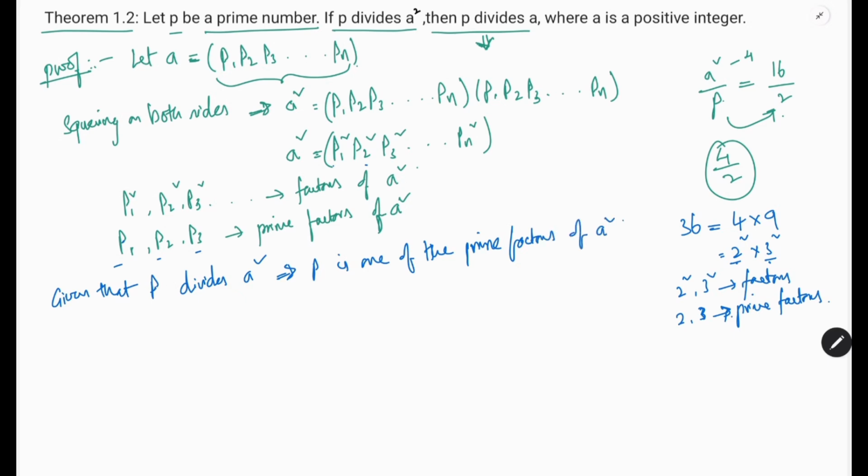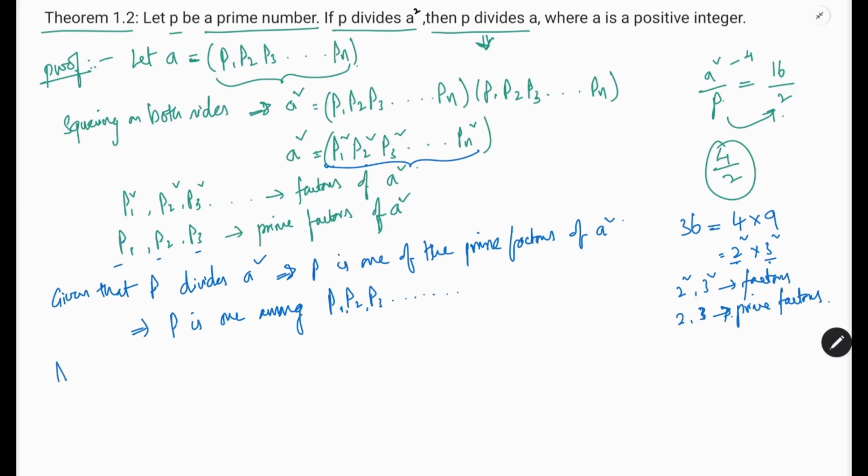See, these are the factors, and except these there are no other factors. So p is one among p1, p2, p3. So p is one among these prime factors.